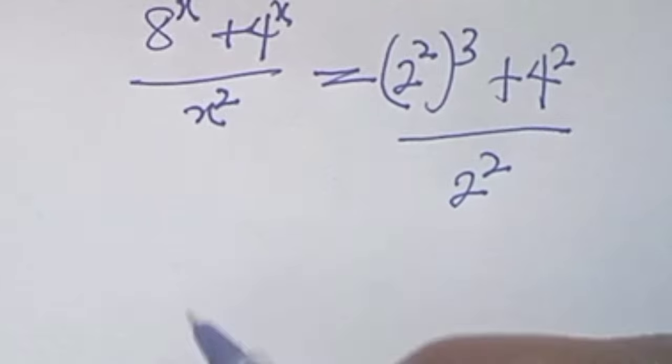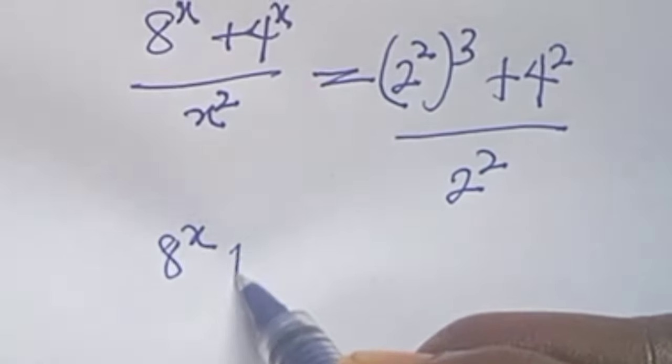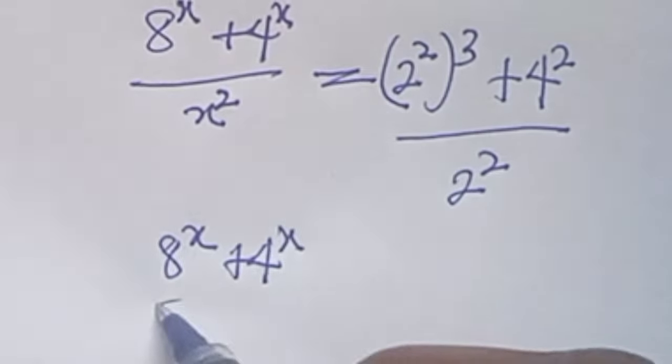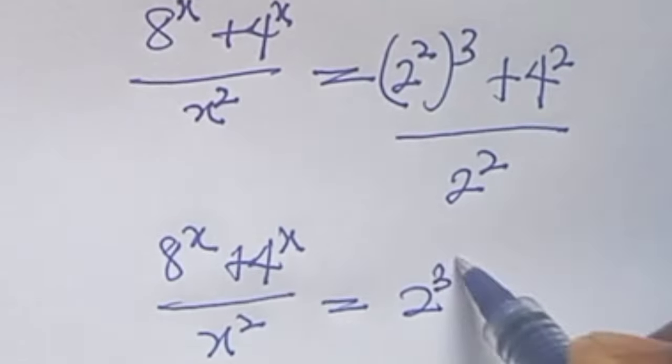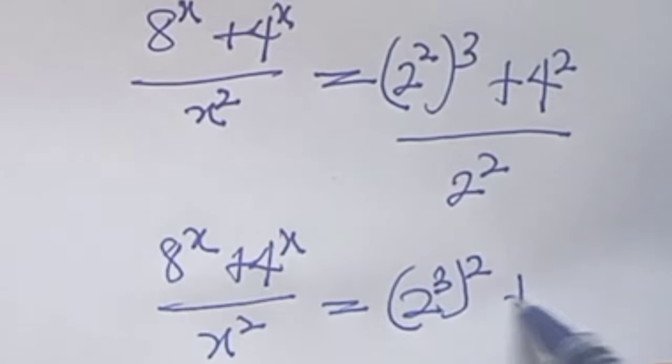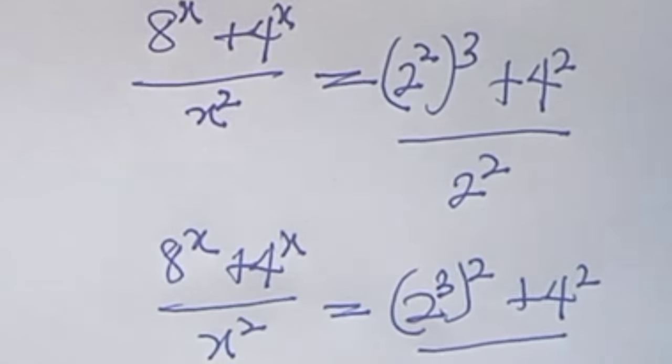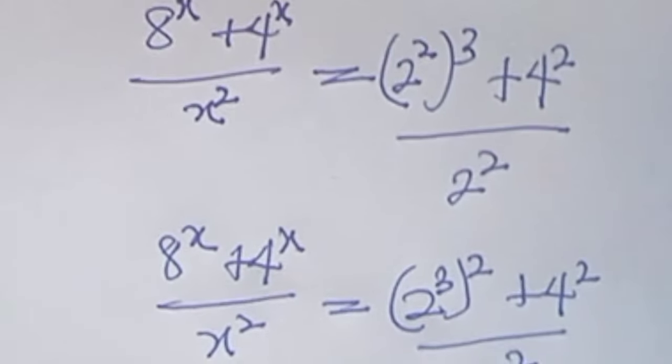And we can also write this as 8 to the power of x plus 4 to the power of x over x to the power of 2 equals 2 to the power of 3, to the power of 2, plus 4 to the power of 2, all over 2 to the power of 2.